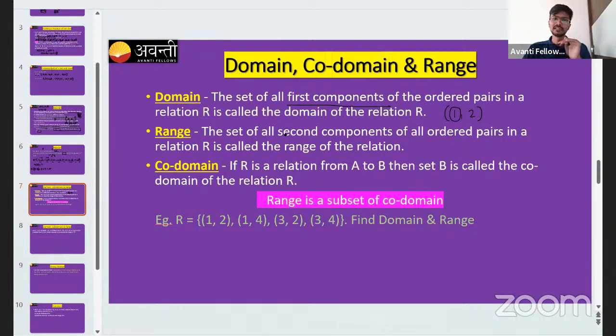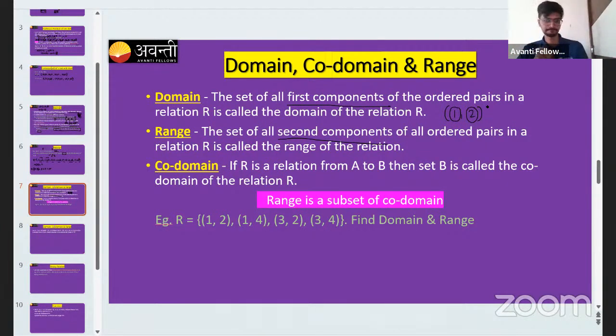And what is range? Range is the second component. The second component 2 will come in my range. So I hope the meaning of domain and range is very clear to you. The first component will be the domain, the second component will be the range. We just have to form sets of first components in all ordered pairs and second components in all ordered pairs, so that we get domain and range.